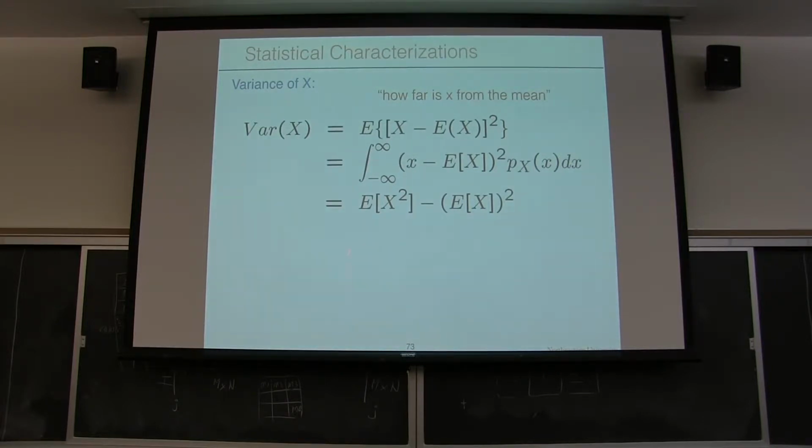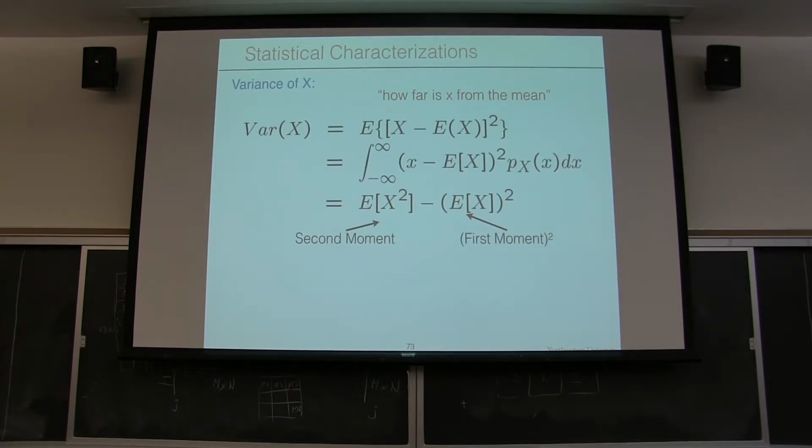So what I want is the expected value of the difference between x and its expected value. And because I don't care whether it's less or greater, I take the square of that. So I have the expected value of the square of the difference. Plug that into the integral for the expected value and expand this, and what I see is the expected value of x squared, which is the second moment, minus the square of the first moment.